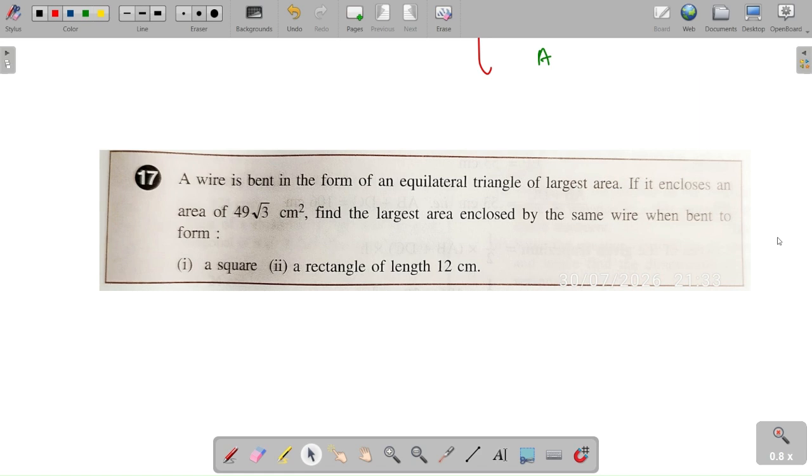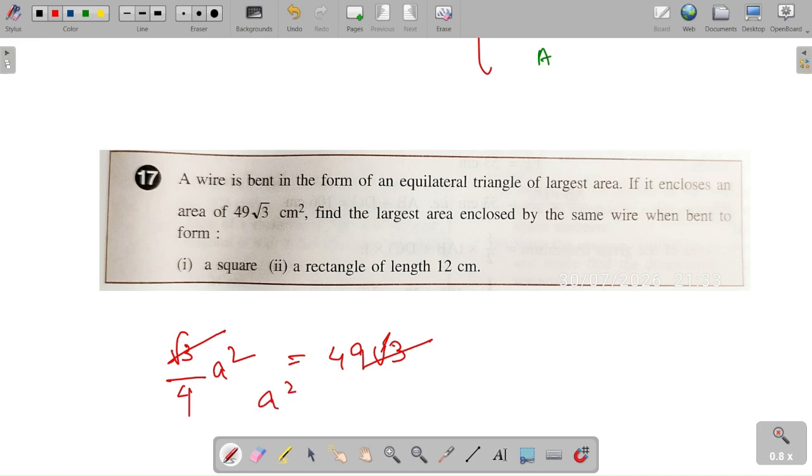So what is the area of an equilateral triangle? Root 3 by 4 a square, right? This should be 49 root 3.